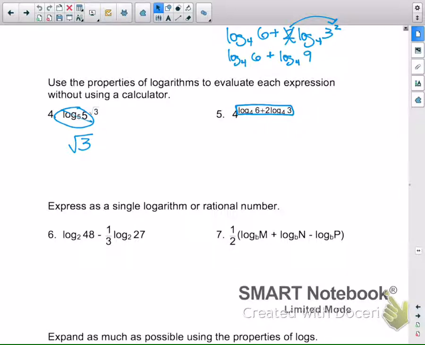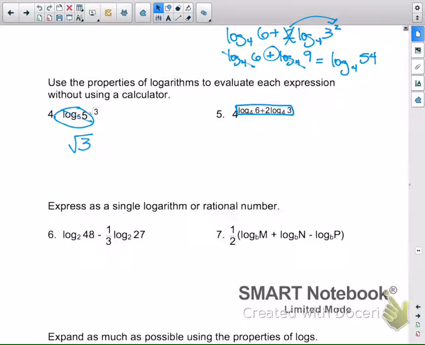Second rule that we're going to use is we're going to look at these two logs and say they have a plus sign in between them. Rule number 3 of our condensing log says when we have that, we multiply the two pieces so that they condense to one log base 4. The log base 4s go away, and you multiply what is left, which is 6 and 9, giving me what? 54.